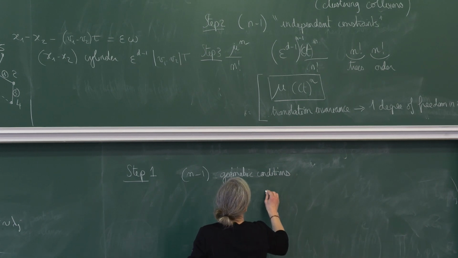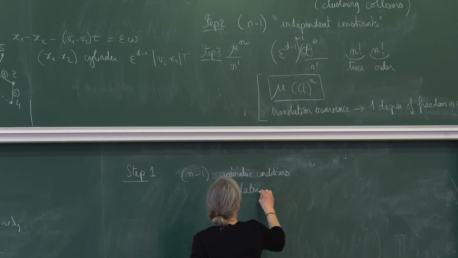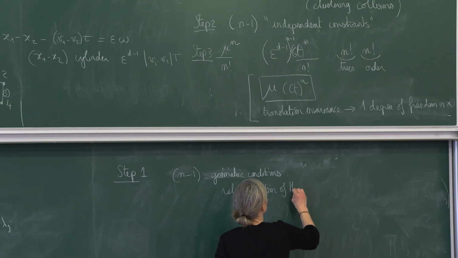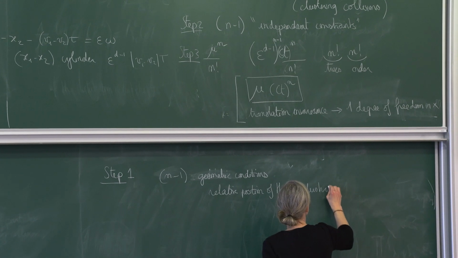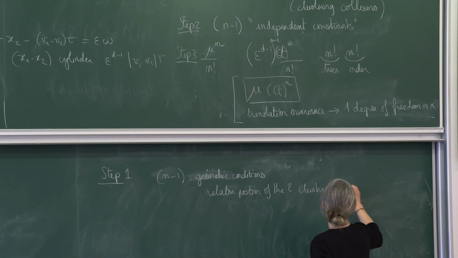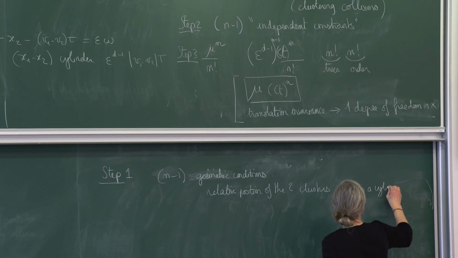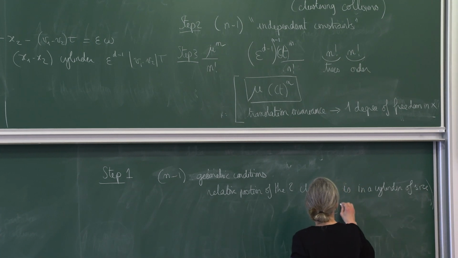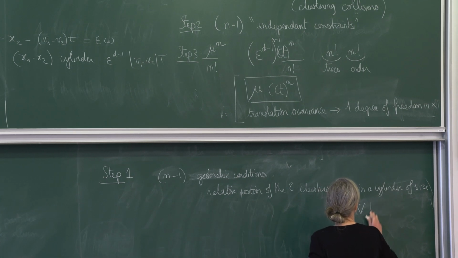Which tells you that essentially the relative position of the two trees, the two clusters, is in a cylinder of size epsilon to the d minus 1. Then there is something like a bound on the velocity and a bound on the time.